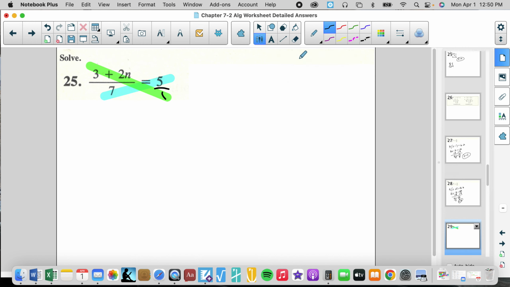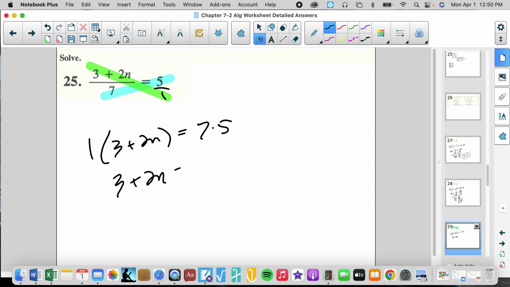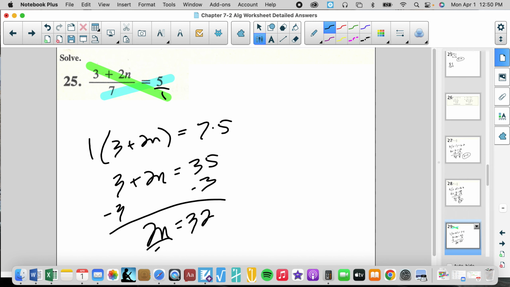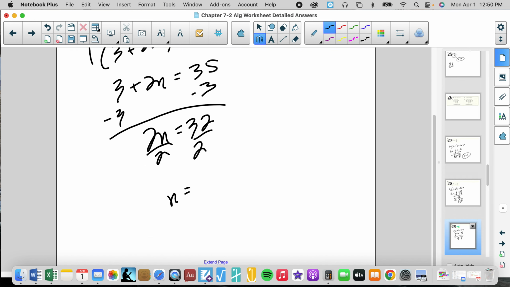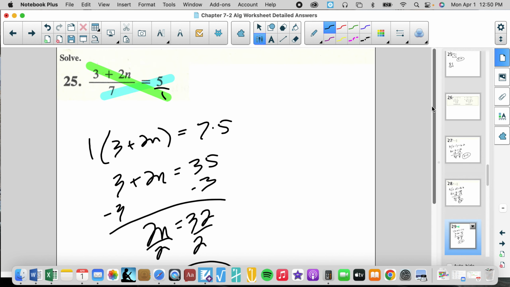Numerator times denominator, denominator times numerator. 3 plus 2n equals 7 times 5, which is 3 plus 2n equals 35, minus 3. 2n equals 32, divide by 2, and we get n equals 16. 16 times 2 is 32, plus 3 is 35. 35 over 7 reduces to 5.